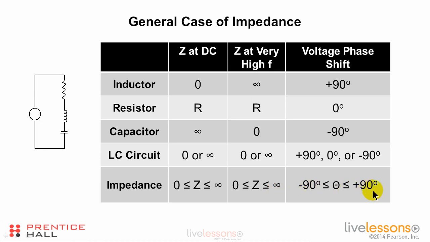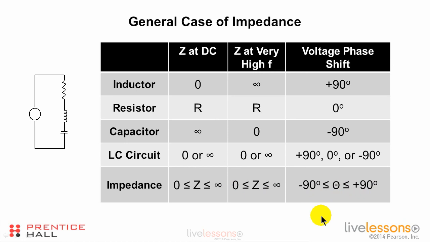And the voltage phase shift can be any value between minus 90 degrees and plus 90 degrees. Impedance is where we get any value and any range anywhere. If we're just talking about inductors, resistors, and capacitors, we're constrained to certain kinds of relationships. But when we get to impedance, all the constraints are off and we can have any value anywhere.